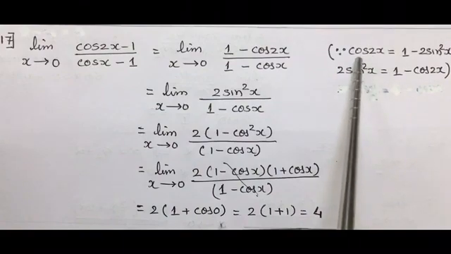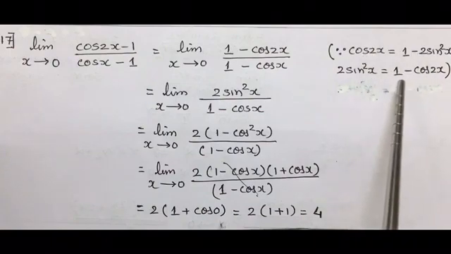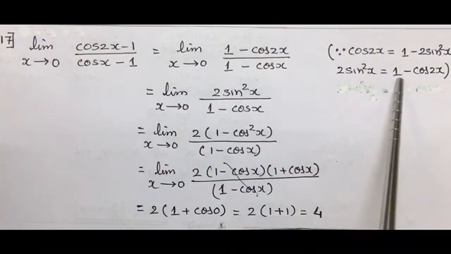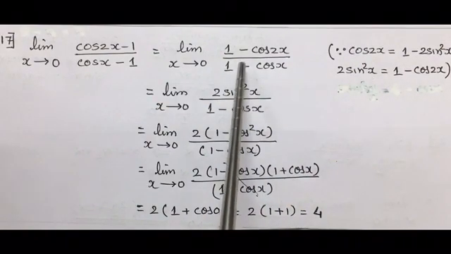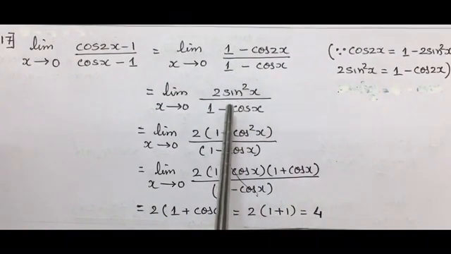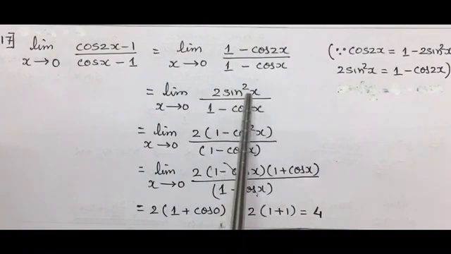So from the formula of cos 2x, we have interchanged it, and 1 minus cos 2x value is 2 sine square x, which will be substituted in the place of 1 minus cos 2x.